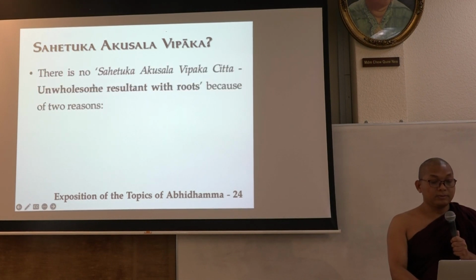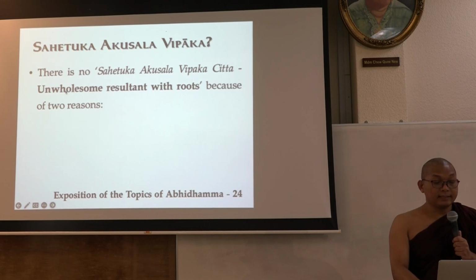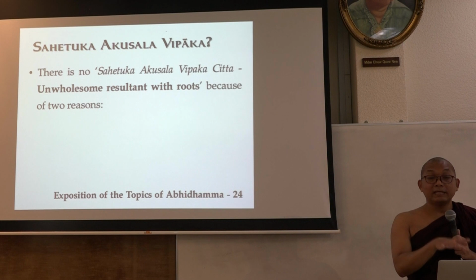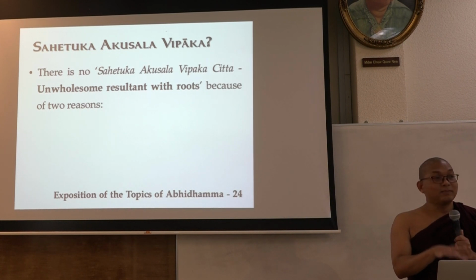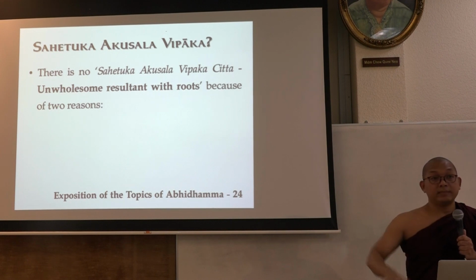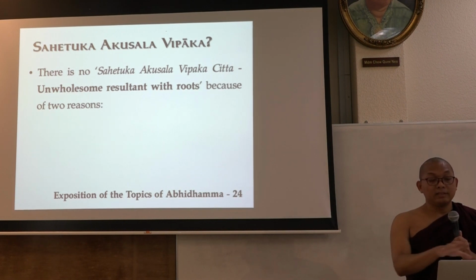So there is no sahetuka akusala vipaka cheta, unlike the wholesome resultant cheta with roots. There are two reasons. This is a very deep question. Actually, I haven't explained this one yet. But one of the students, I think, has a good intention that I explain this difficult point.